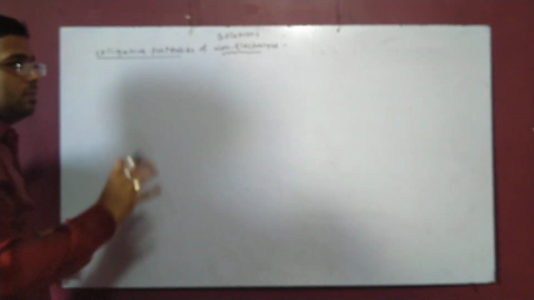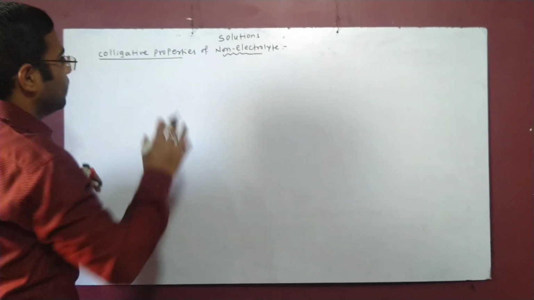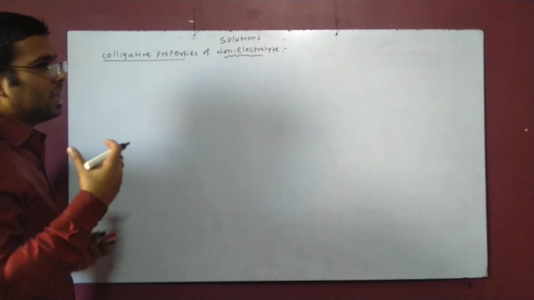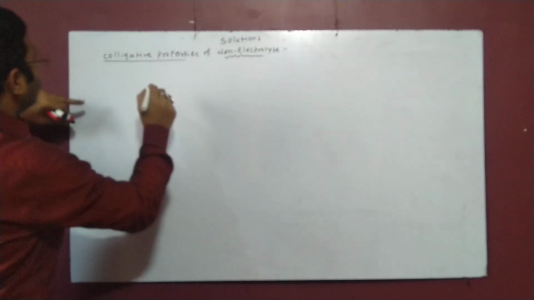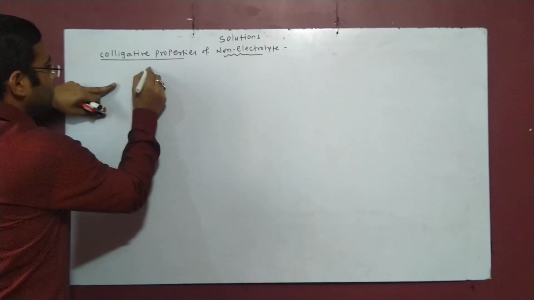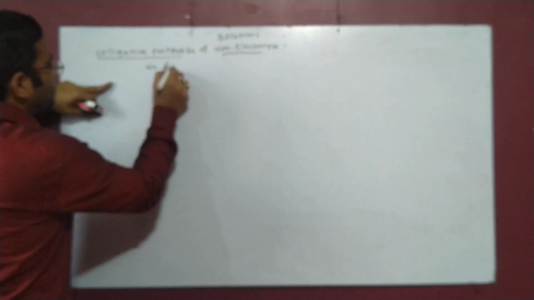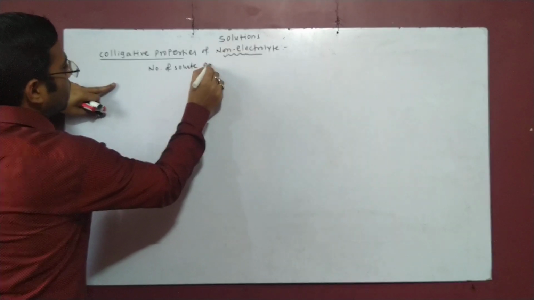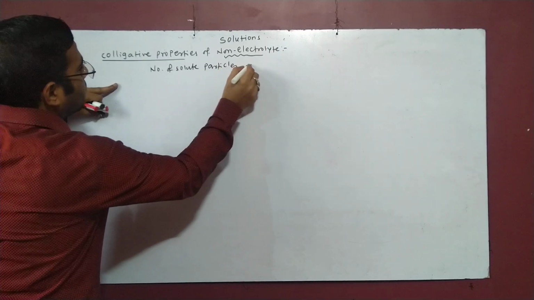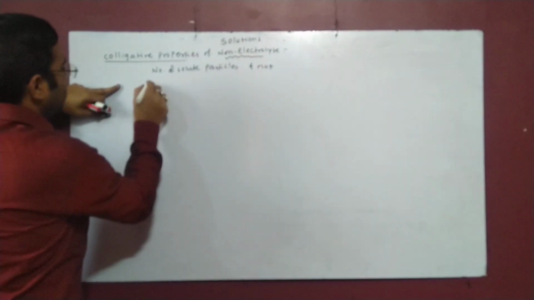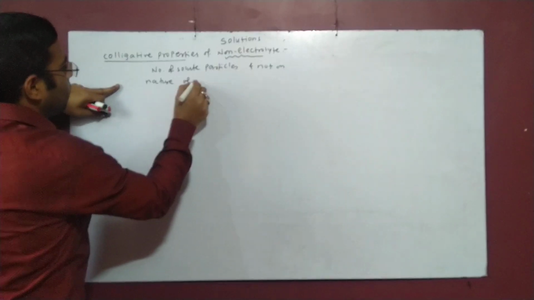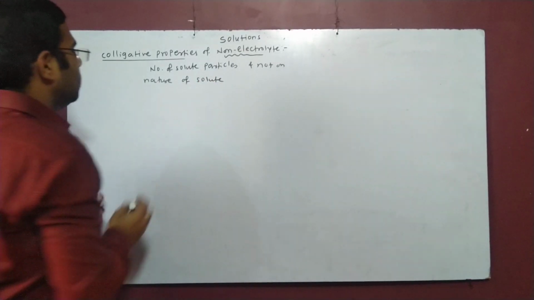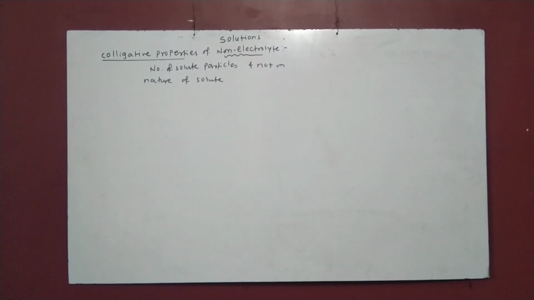Colligative is nothing but collected together, studied together: properties based on a similar principle. So for a solution, colligative properties depend upon the number of solute particles and not on the nature of the solute.